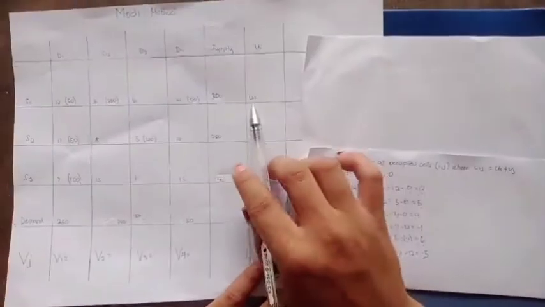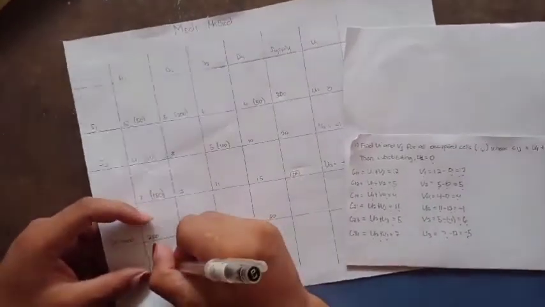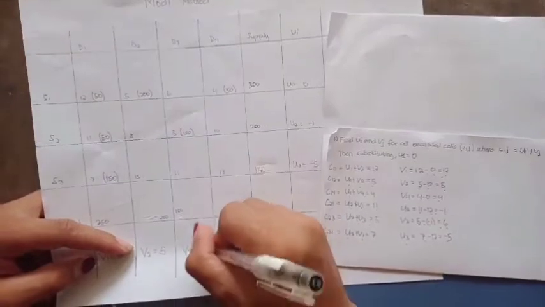So our U1 is equal to 0, our U2 is equal to negative 1, our U3 is equal to negative 5, and our V1 is equal to 12, our V2 is equal to 5, our V3 is equal to 6, and our V4 is equal to 4.